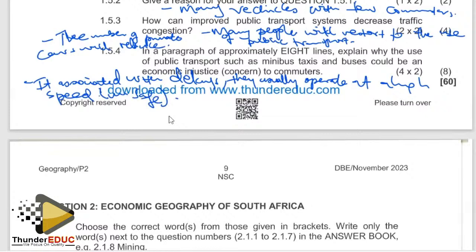Why? Because they would love to go and secure more load, more people, and therefore that causes problems, accidents to the commuters. It becomes a concern.